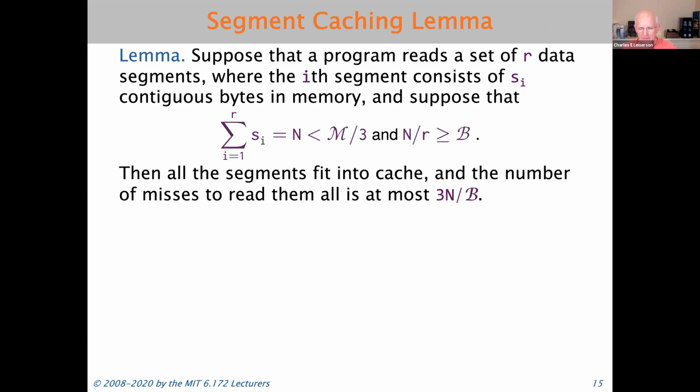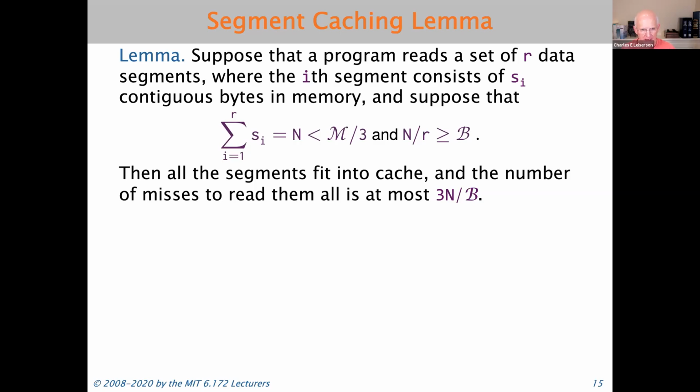So here's a key lemma for understanding how to design cache-efficient algorithms and programs. It's called the segment caching lemma. Suppose that a program reads a bunch of contiguous memory locations, which we'll call segments. Let's say there are R of them, and the ith segment consists of s_i bytes.